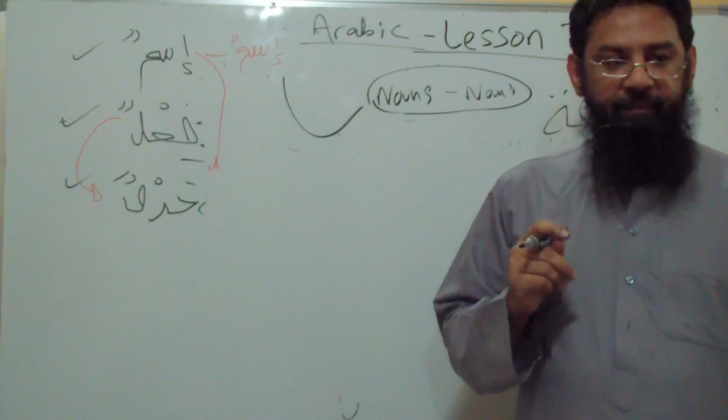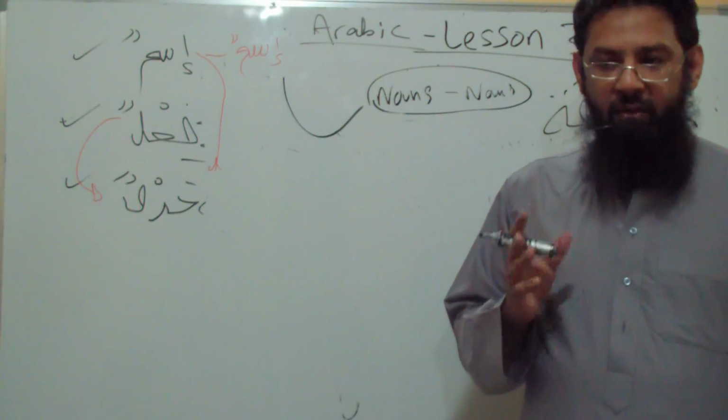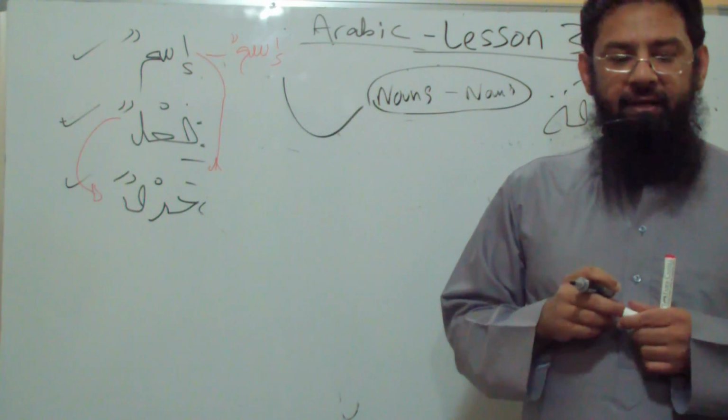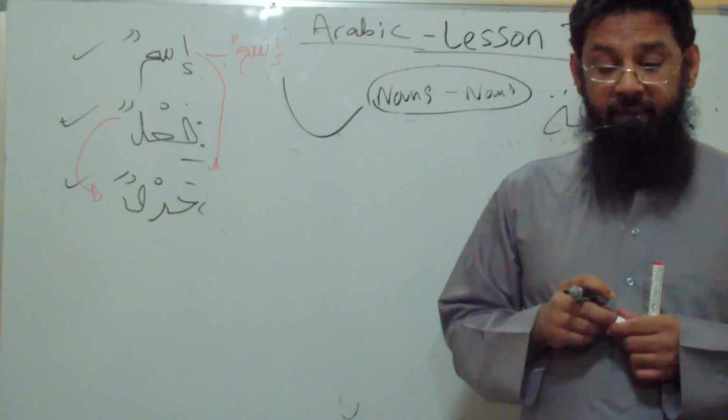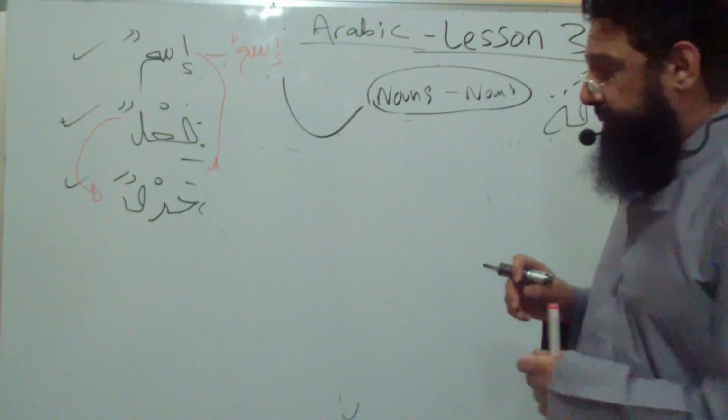Two nouns together. So we've got house. Can we use another word besides house? The pen. Okay, the pen of a Muslim.